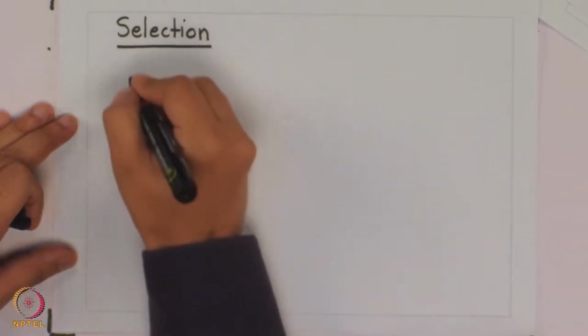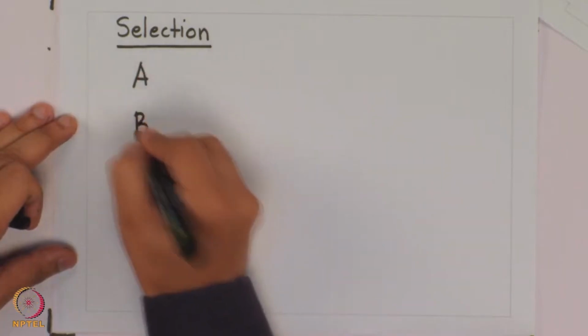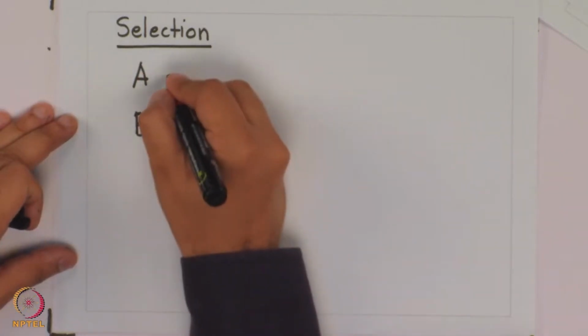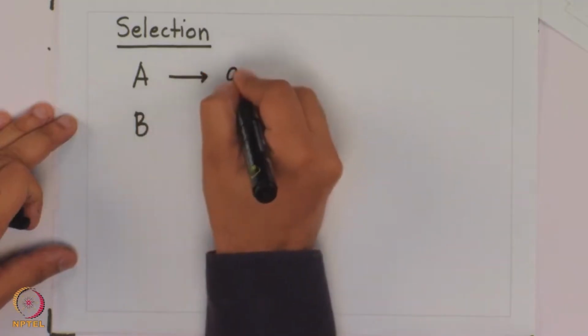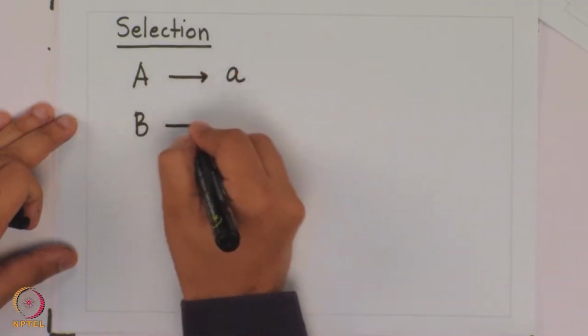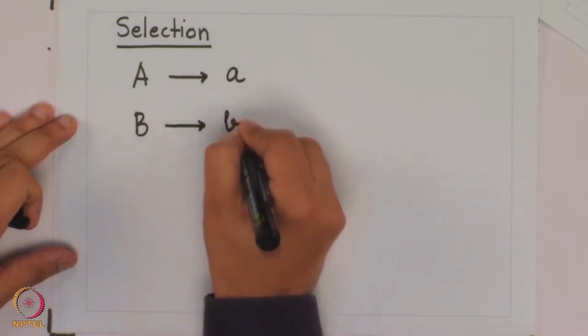This is a theme that we'll keep coming back to throughout this course. So that concludes our discussion on the first phenomena associated with the 3 tenets of evolution that we started with, reproduction. Next, we are going to start discussion about the second one, which is selection. So selection means that there is more than one genotype. So we'll call the genotypes A and B. We'll say that the growth rate associated with genotype A is small a, and the growth rate associated with genotype B is small b.